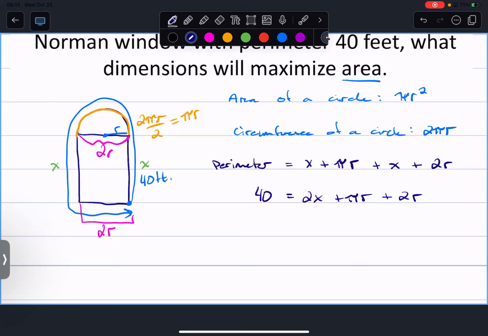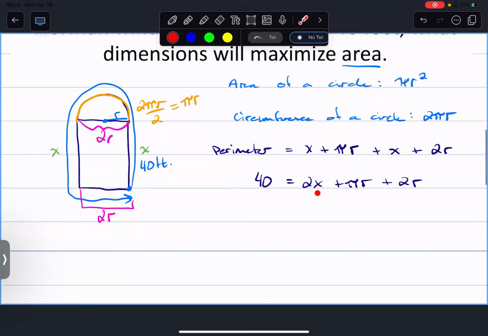Okay. But what do I want to do? I've got this x in here and this r in here, and that's a problem because I really only want to have one variable, and ideally I want it to be r, right? And so what am I going to do? I'm going to solve for x in terms of r.